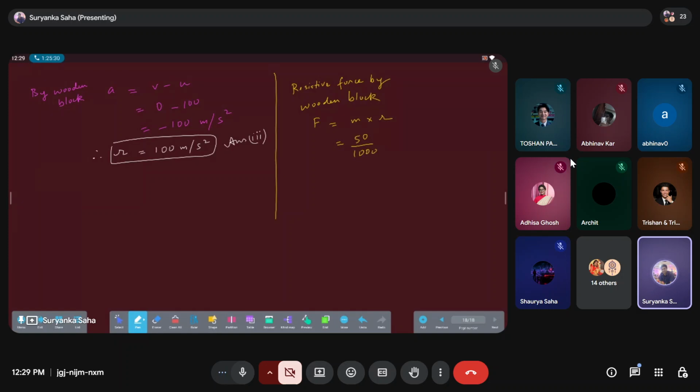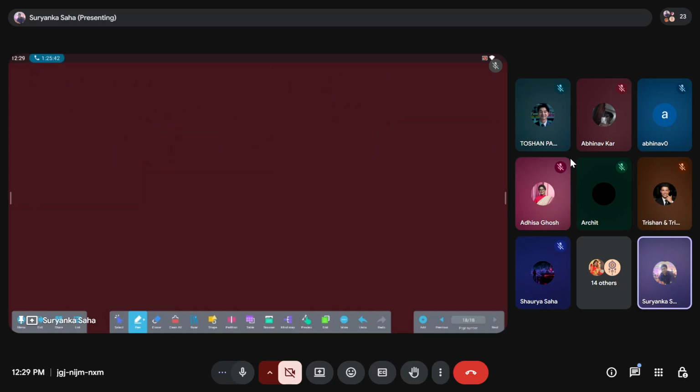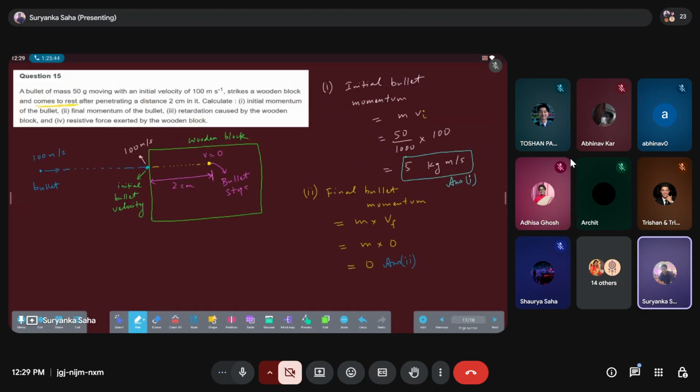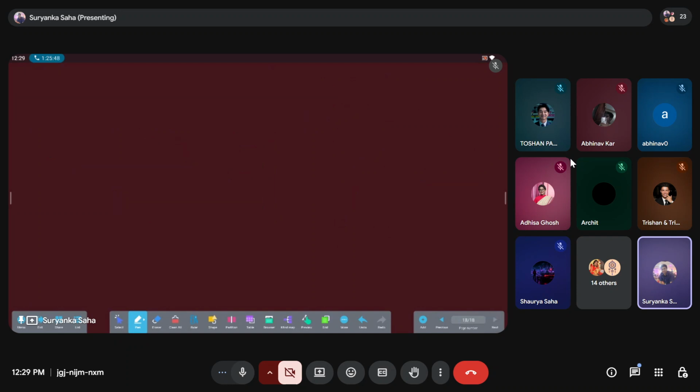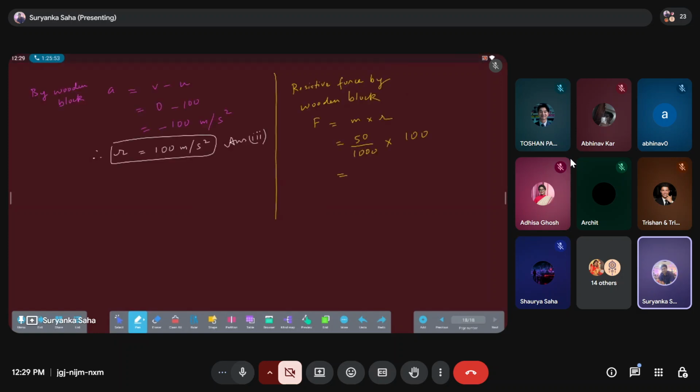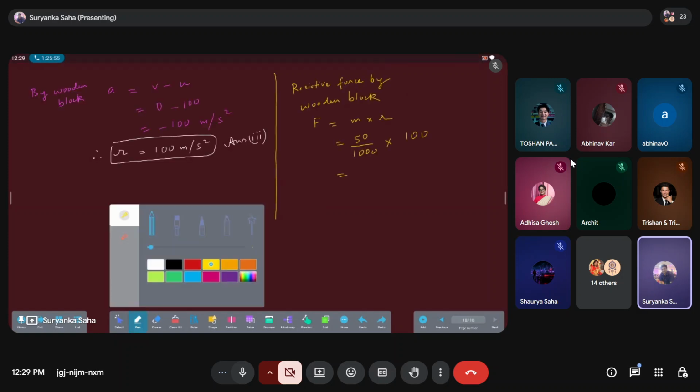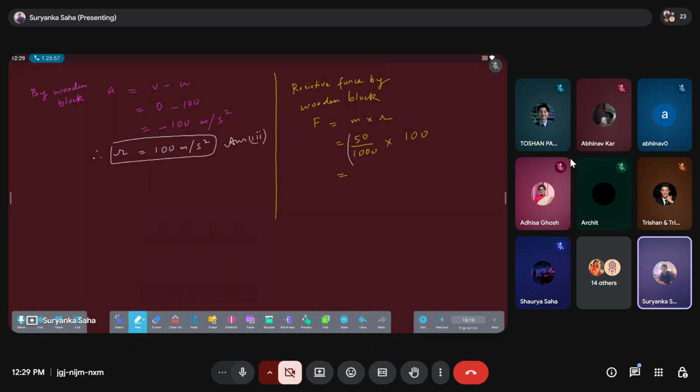Yes, 50 gram by 1000 kg into what is the retardation, 100. So this is in kg and this is meter per second square.